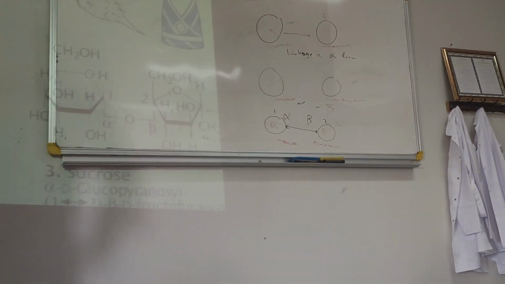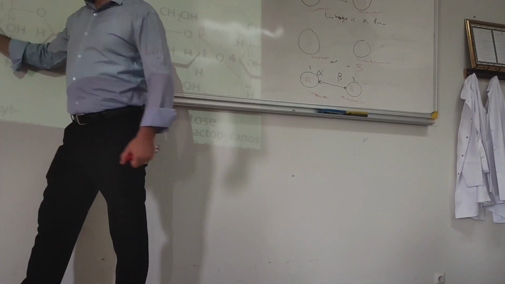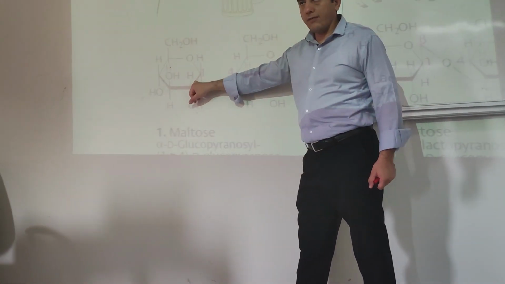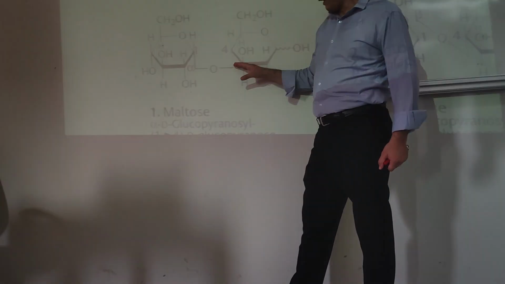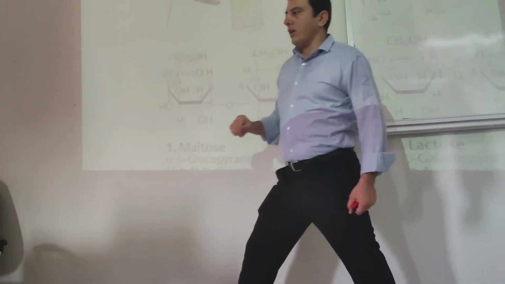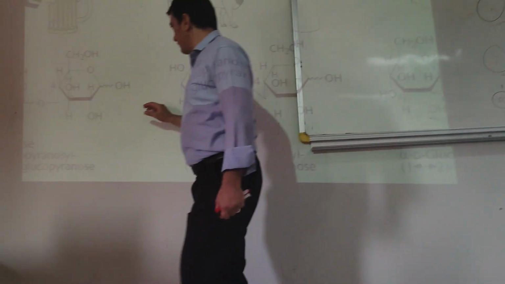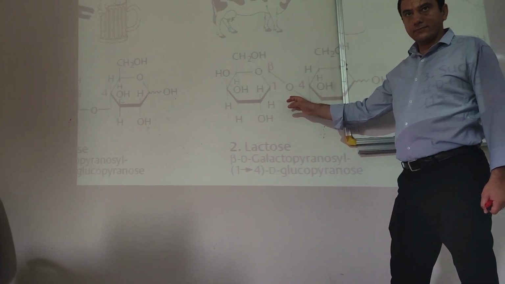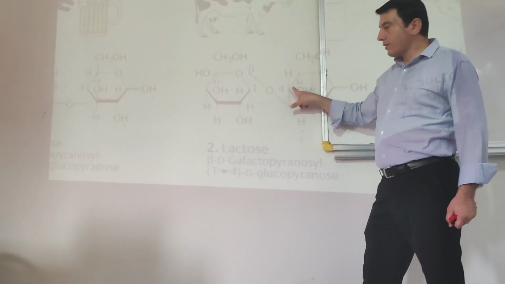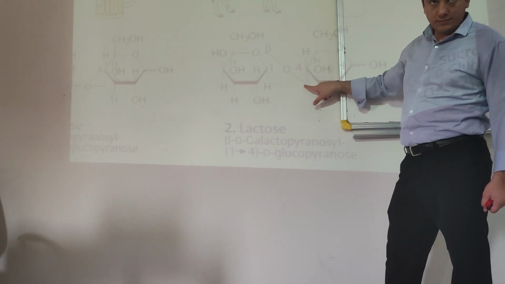For example, in maltose, the first sugar is in alpha form, therefore we have alpha linkage. In lactose, the first sugar is in beta form, the next one is not an anomeric carbon.